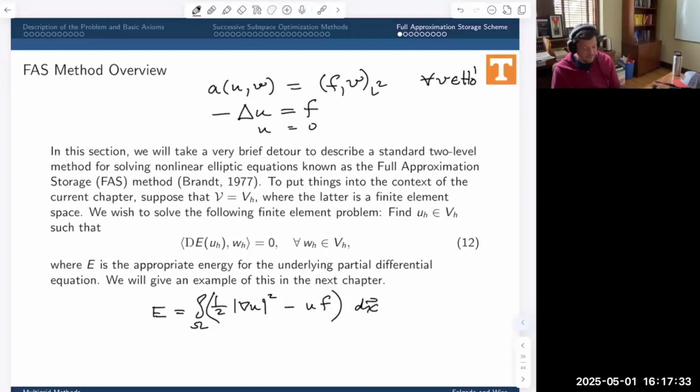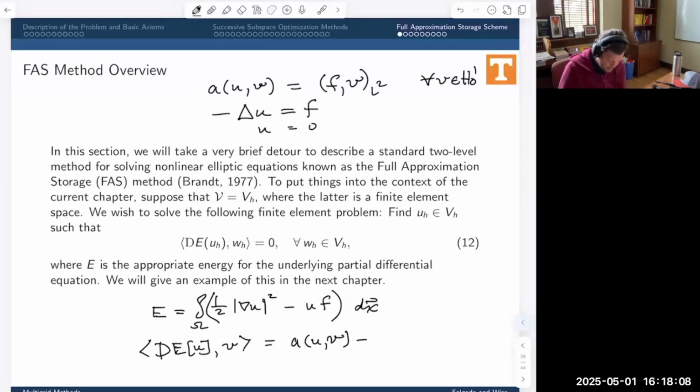If I take the variational derivative, or if I take a variation of this, or in other words, if I calculate the Frechet derivative of this, then the Frechet derivative works out to be dE(u) equals, well, it's not so easy to write it in that way. Let's write it like this. The Frechet derivative is A(u,v) minus (f,v) in L2, right?